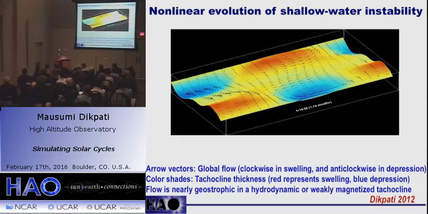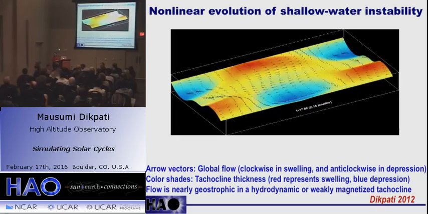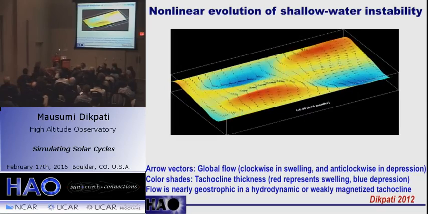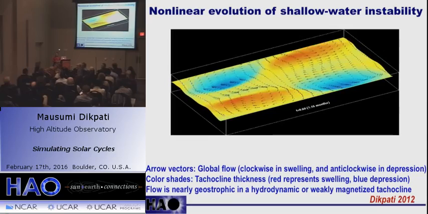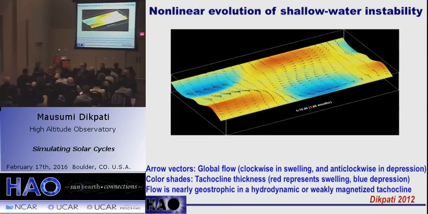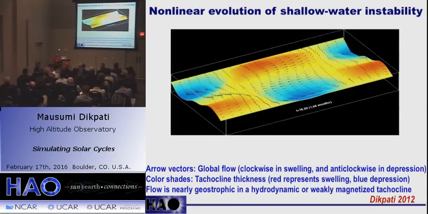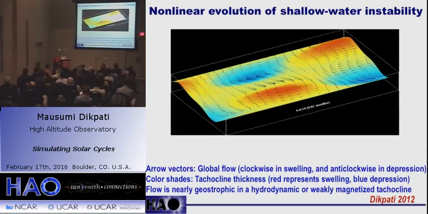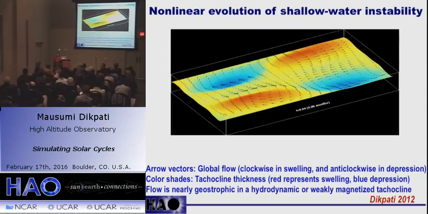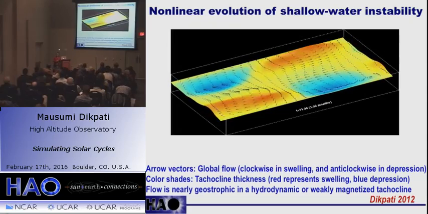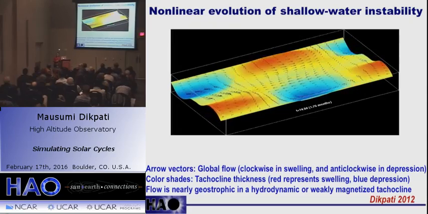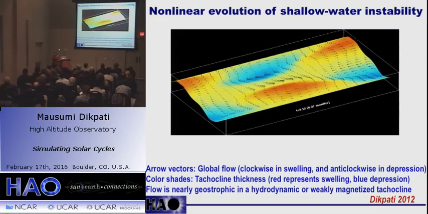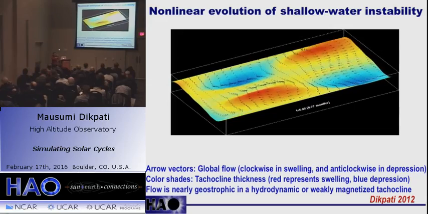I was kind of interested in the prospects for initializing the dynamo model for predictions. And I'm assuming you're initializing with some kind of observations of something, right? But the question is, do you have enough observations, especially the vertical structure of the Tachocline, to do an initialized prediction, or what kind of observations are you going to use to do that? You mean for the short time scale events, for predictions?